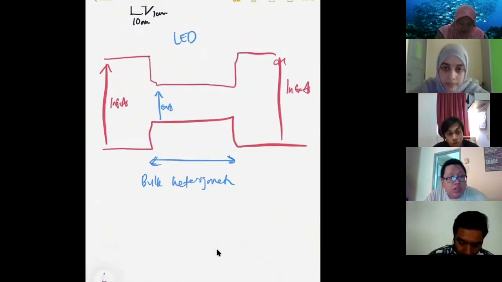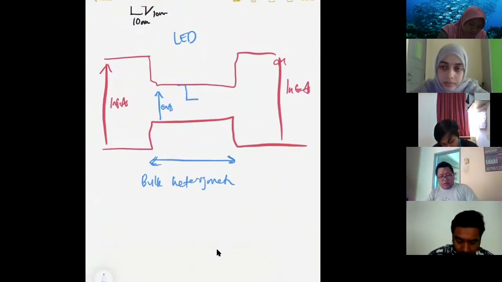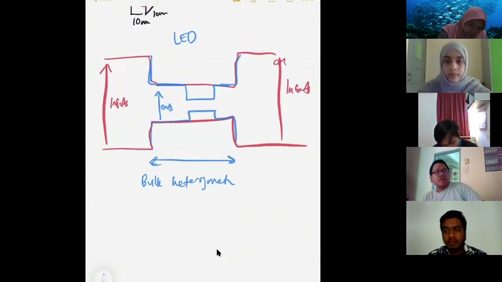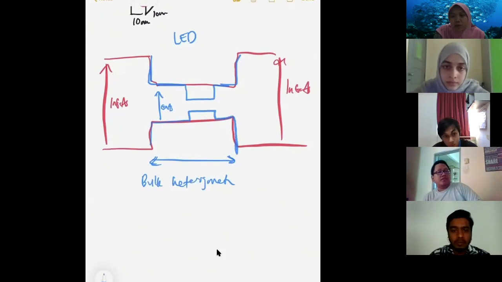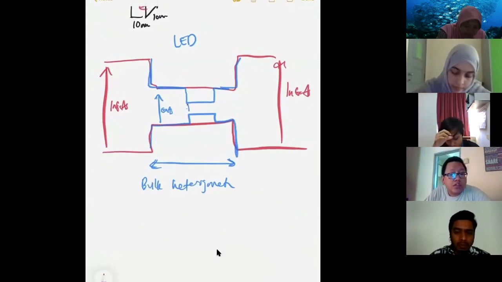So let's say I'm drawing... I want to make a quantum well. You see? So the blue is the quantum well. I make the dimension smaller, and then this material here is the indium arsenide.